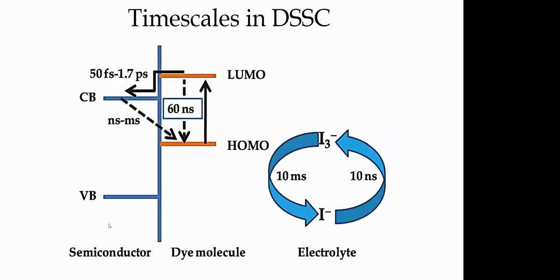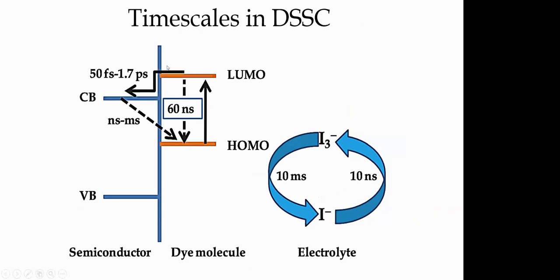Now, what is the time scale? If you see, the light absorption is happening within 60 nanoseconds, meaning that after the light is absorbed, the dye molecule itself can recombine the excited electron to bring it back to the ground state.